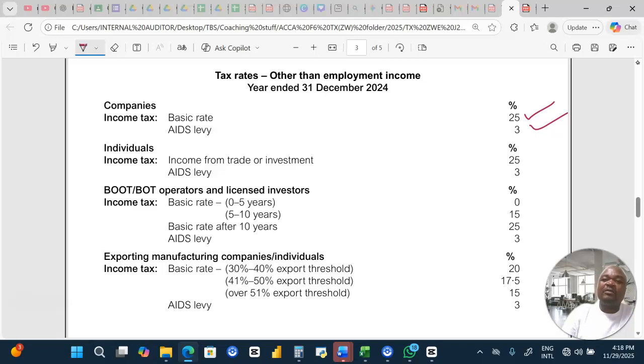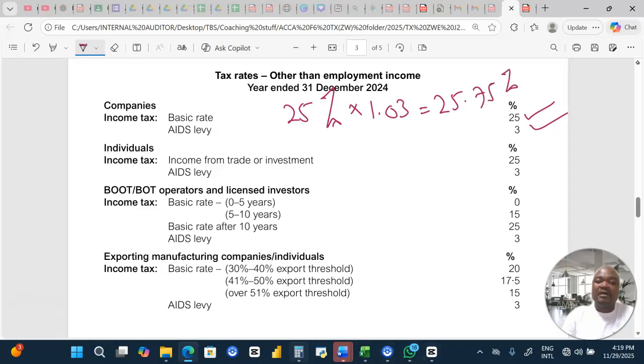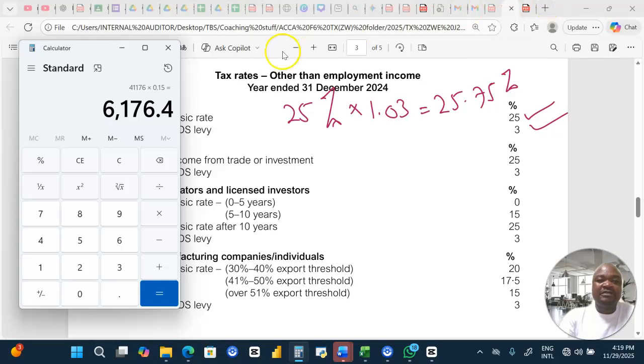So the question is, how do we then come to 25.75? We are saying this is 25% plus 3% AIDS levy, which should be multiplied by 1.03, and you should come to 25.75%. Let me do it. 25 multiplied by 1.03.